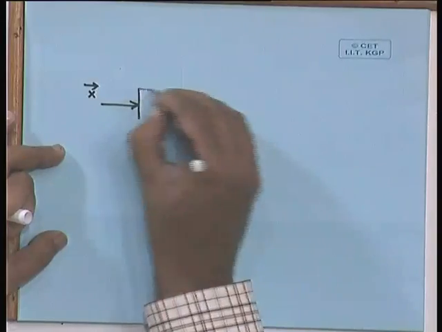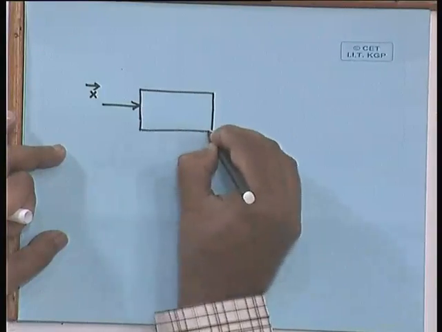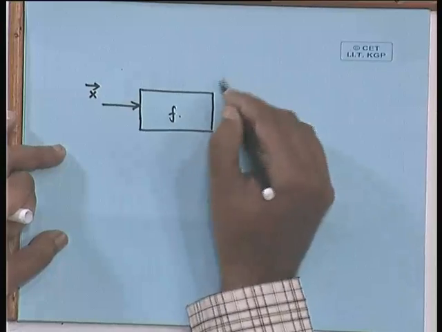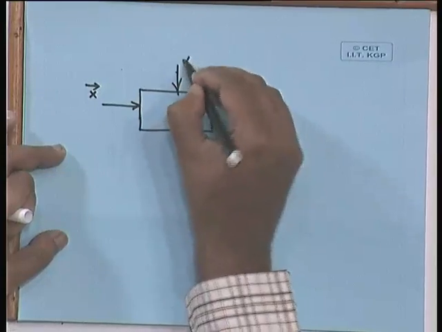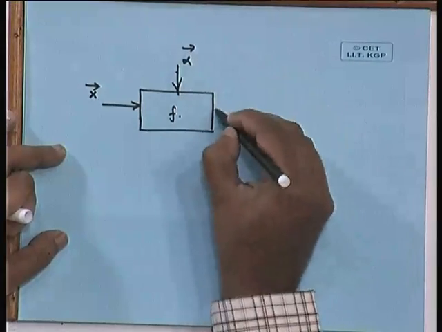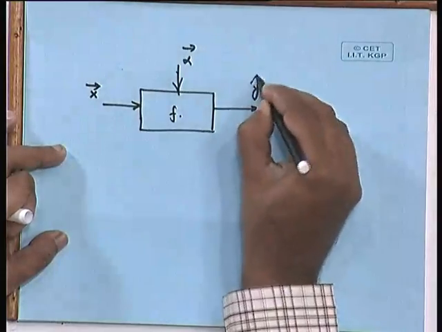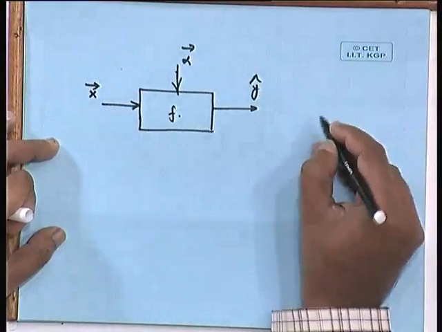Let us say that again we take the model as follows: x vector is an input, and f is the learning machine for which the adjustable parameters are alpha, and y cap is the output of that.